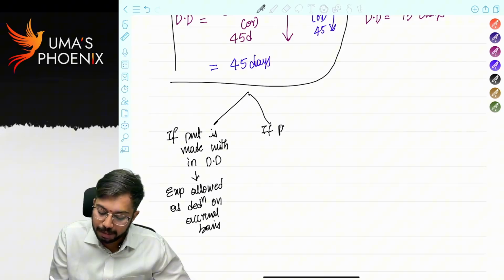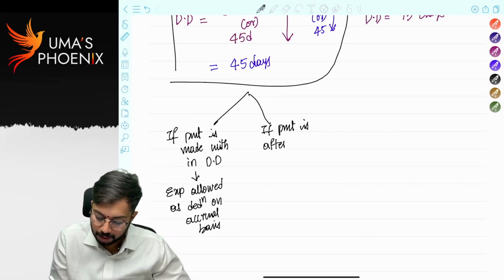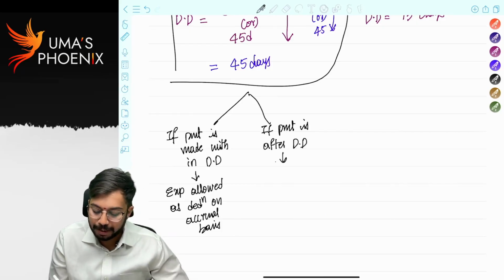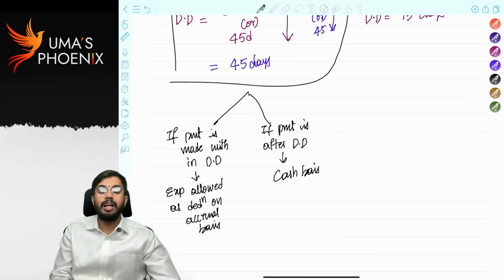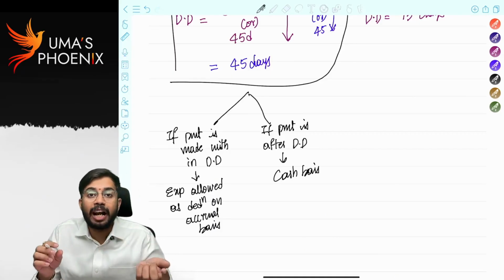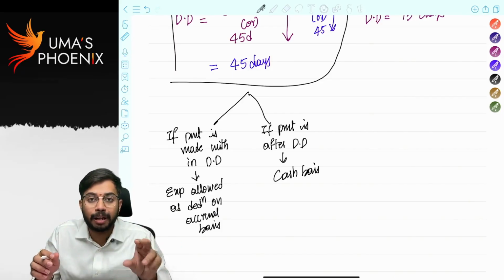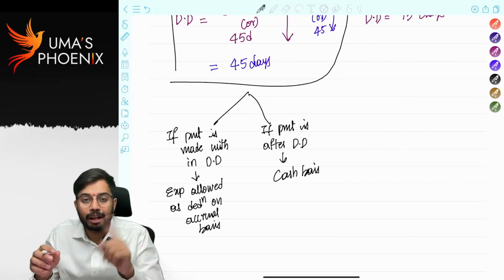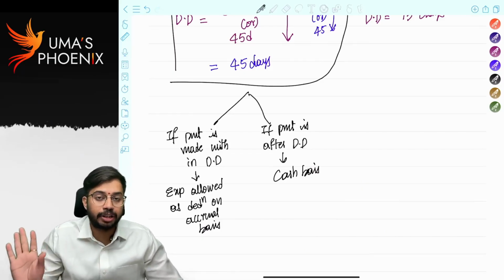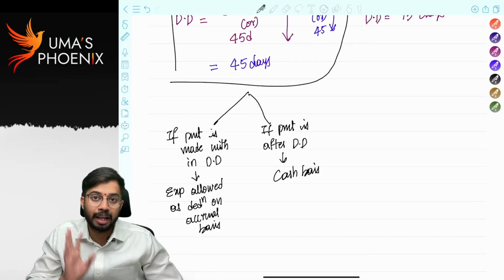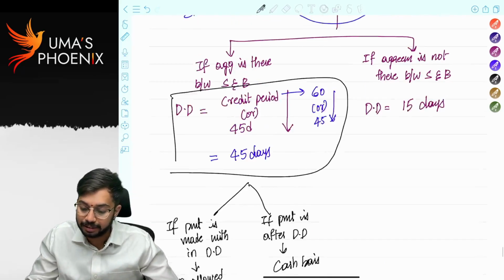If payment is made after due date, expenditure is allowed as deduction on cash basis. Here, payment before ITR due date, that concept is not applicable. If payment is made after the due date, that's it. Expenditure is not allowed as deduction on accrual basis, but it is allowed as deduction on cash basis.